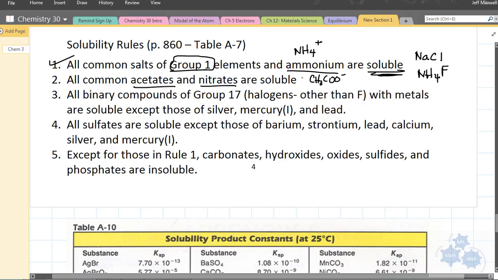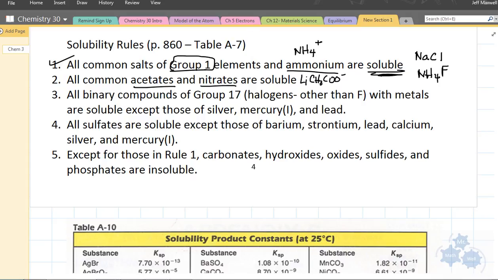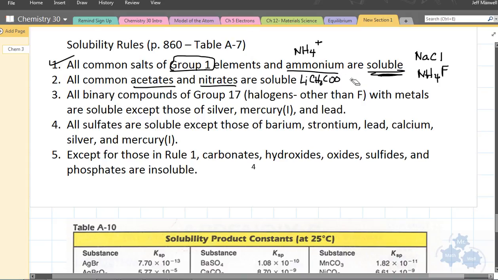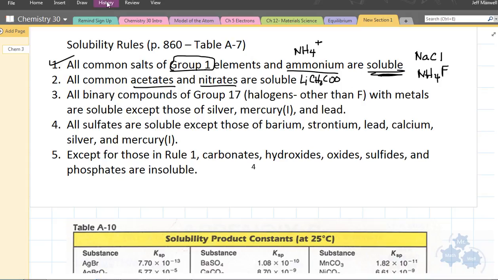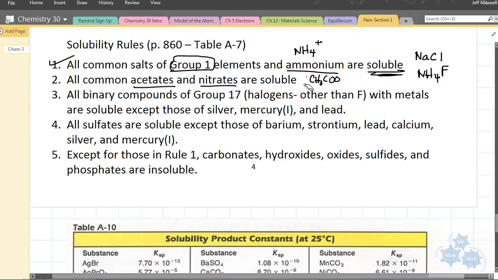So if you have something like lithium acetate, or anything, copper acetate, copper 1 acetate would look sort of like this, right? Copper 1 acetate. Anything with an acetate ion, that's going to dissolve pretty readily.